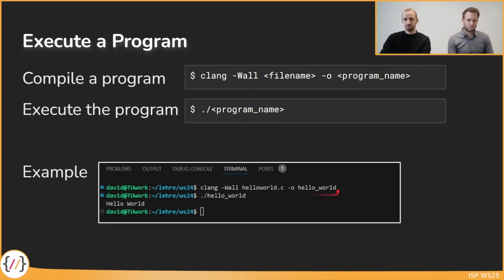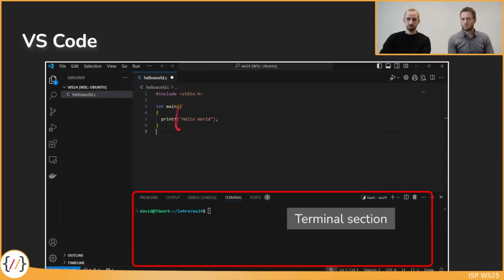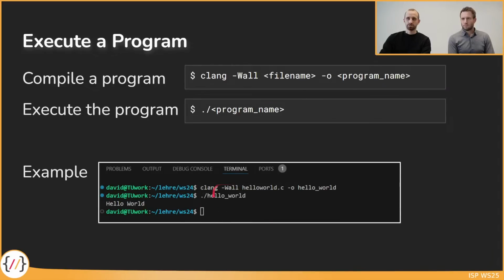And this creates a new file, an executable program, and we can execute that with this / and the name of it. And then you can see it's printing out what we have written here inside. So the terminal section here means these two commands. If you don't understand these commands, it's totally fine.